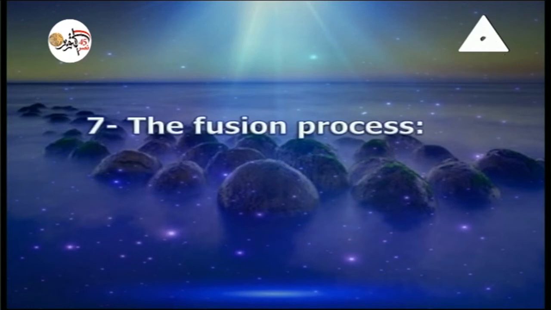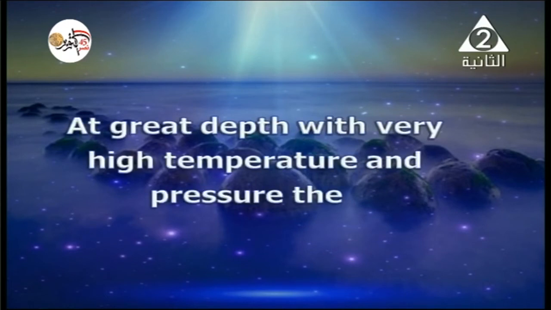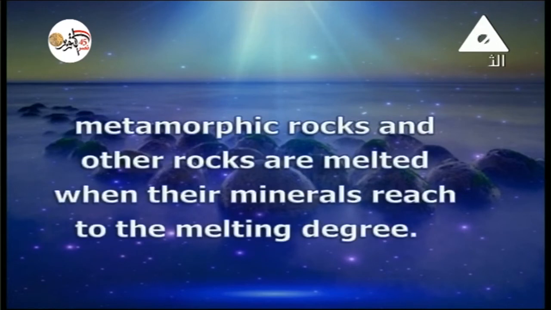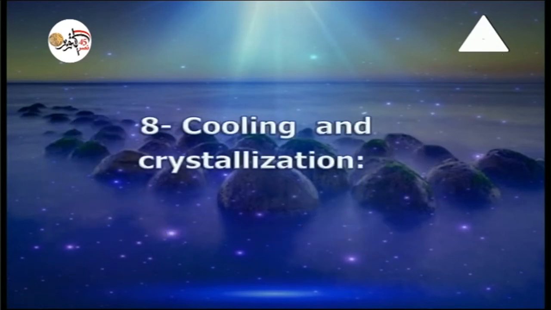Finally, we have the fusion process. At great depths with very high temperature and pressure, metamorphic rocks and other rocks are melted when the minerals reach the melting degree. And also we have cooling and crystallization.